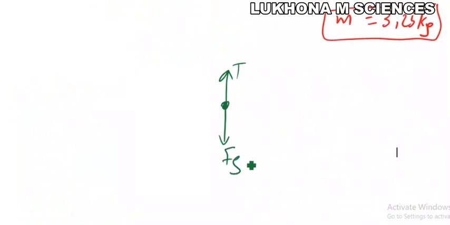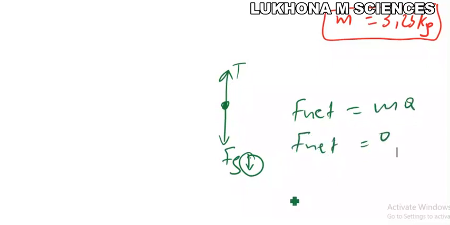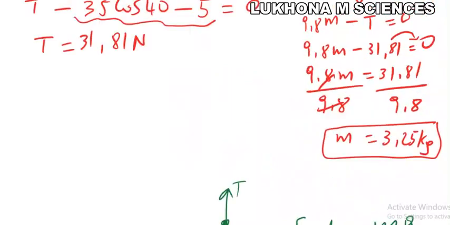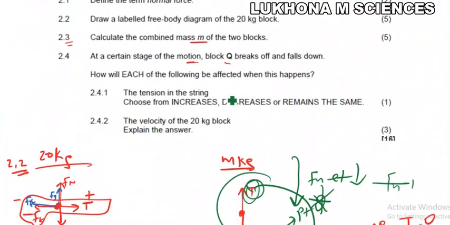Now Fg decreases. Remember we said Fnet is equal to ma, and Fnet is equal to 0 in this case, meaning that your tension is exactly equal to Fg. Now if Fg decreases, to make this net force equal to 0, the tension will also decrease. The tension decreases, so we'll choose decrease here.